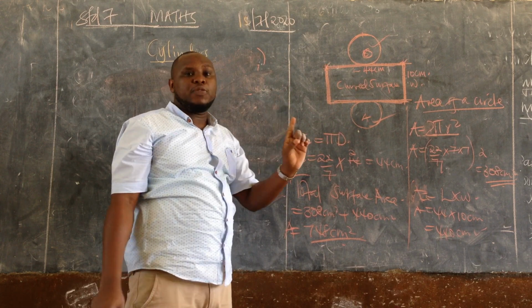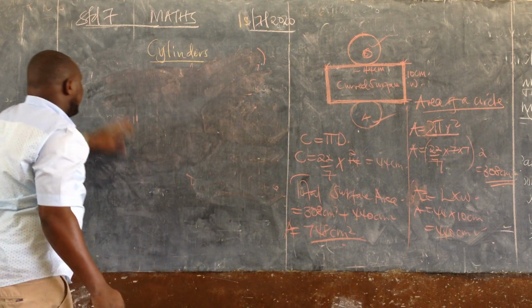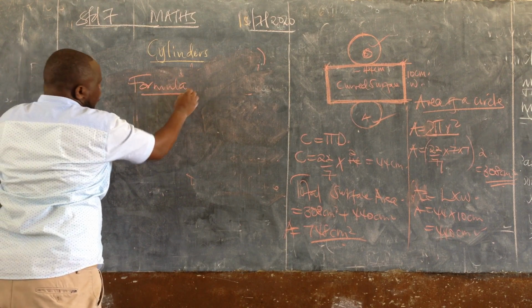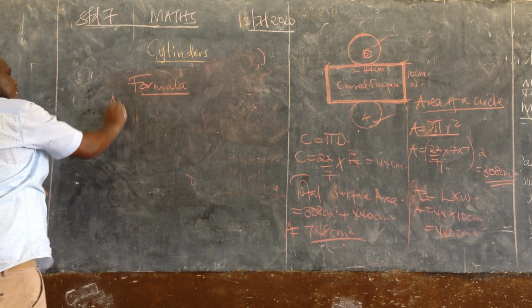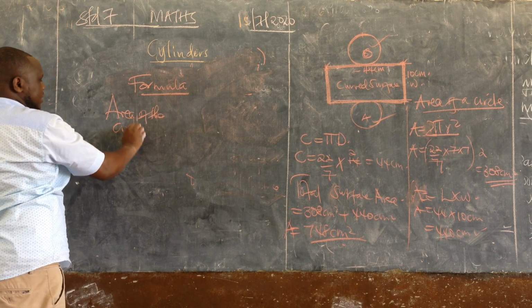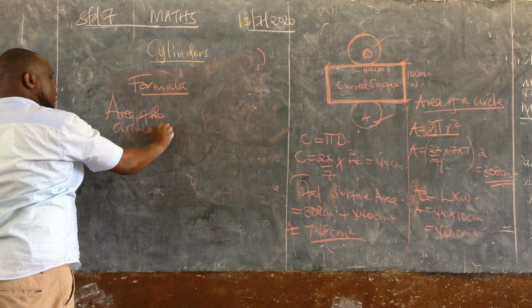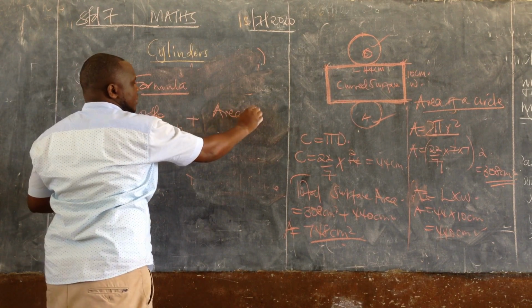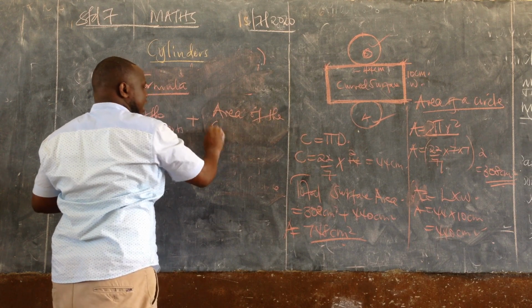We are going to develop a formula. Now, this is how we get the formula. The formula is going to be the area of the circular parts plus the area of the curved surface.